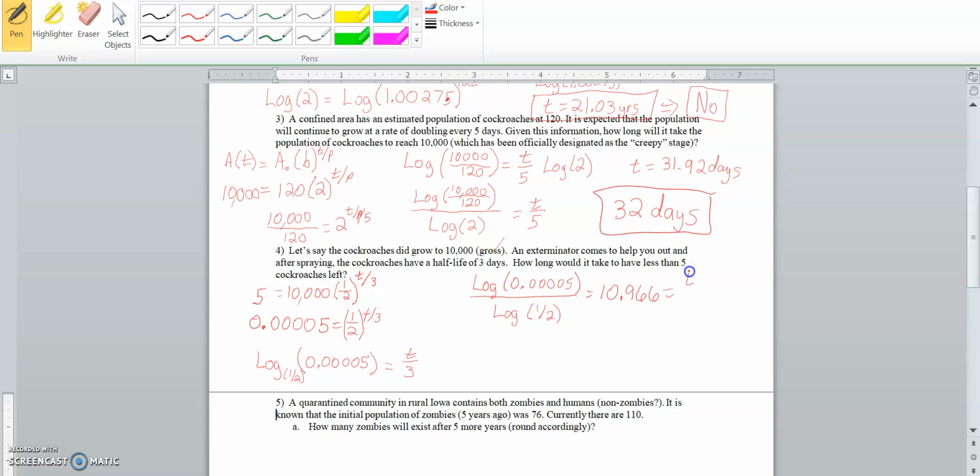That is equal to the right side, T over 3. So you take 10.966 times 3, T equals 32.9.